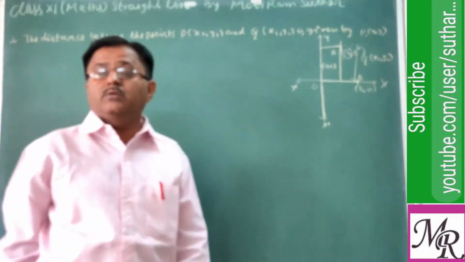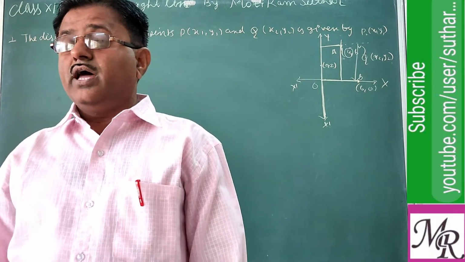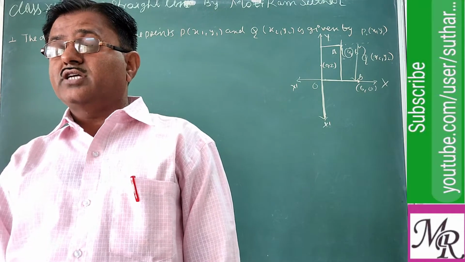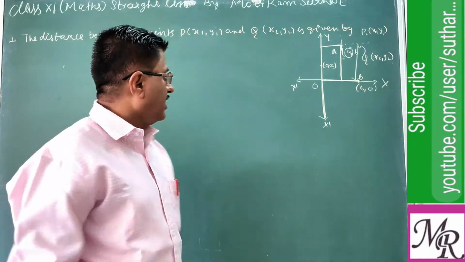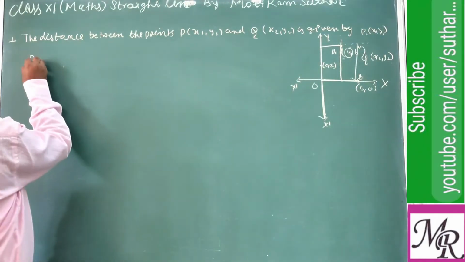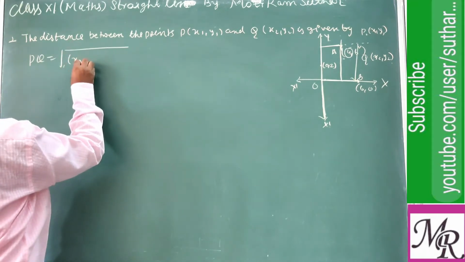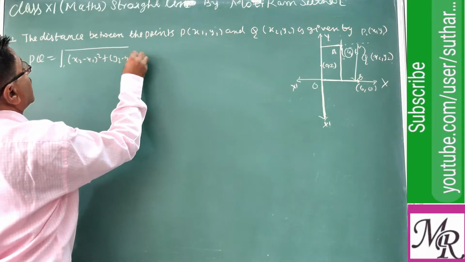Now suppose anyone wants to find the distance between these 2 points, then we use a formula known as the distance formula. So what is the distance formula? We write PQ equal to root of (x2 minus x1) whole square plus (y2 minus y1) whole square.